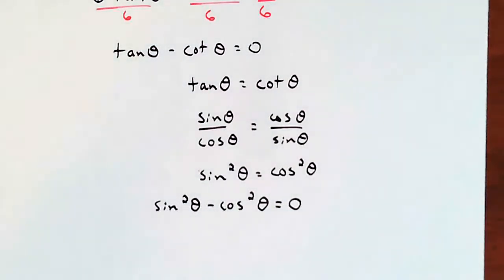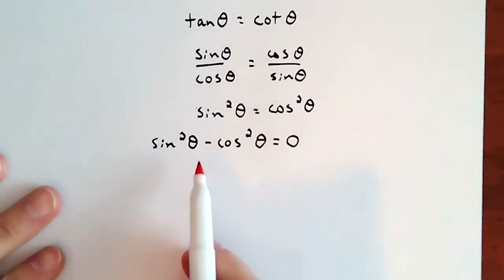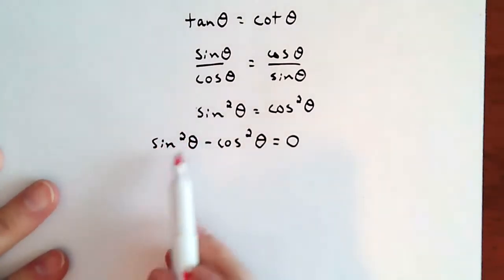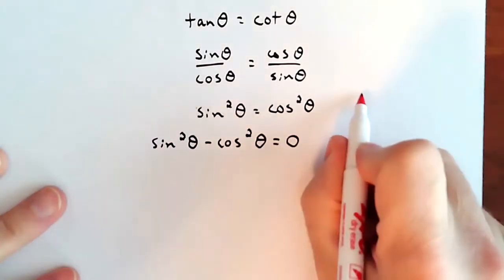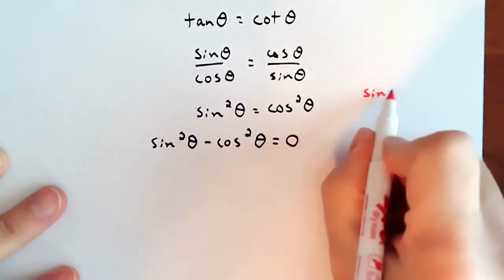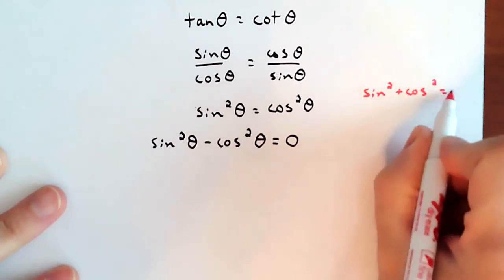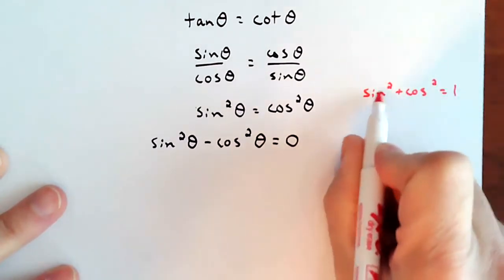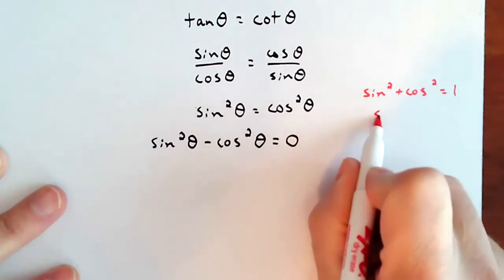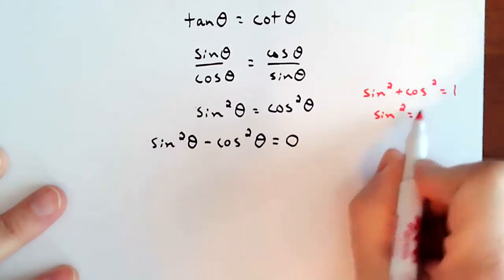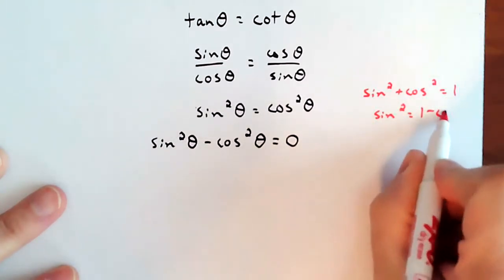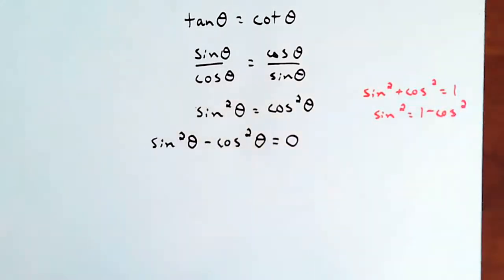All right, so it's good, but not quite there yet. So what I can do next is I'm going to sub out sine squared. And if you remember, sine squared plus cosine squared equals 1. So if I isolate the sine squared, I would have a 1 minus cosine squared to replace it with. All right, and that's exactly what I'm going to do.